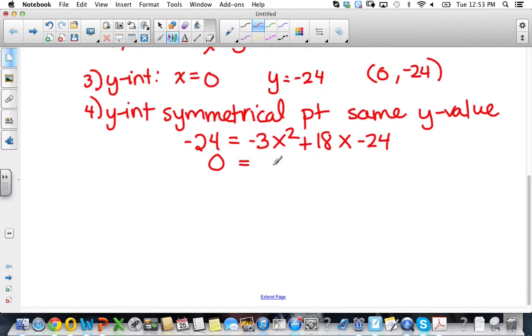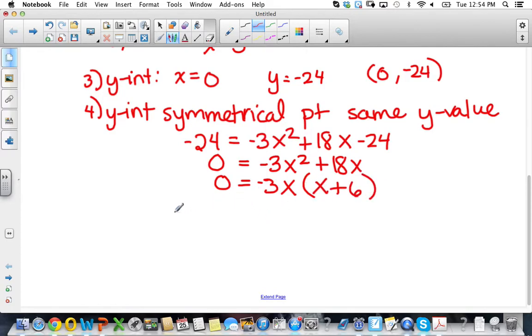I will add 24 to both sides, and I'll be left with negative 3x squared plus 18x. I will factor out the GCF, which is negative 3x. And excuse me, we already know one of the x values is 0 because we've already found that with the y-intercept. So we have x plus 6 here.